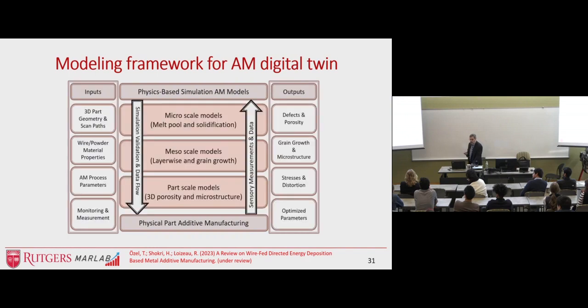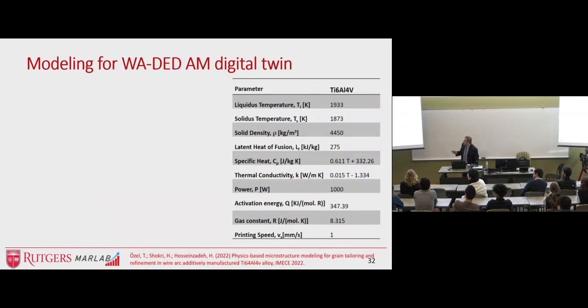Again, this fits into our vision of digital twin because input parameters are these, and then we have the physical-based simulation models I will show you just shortly, and physical parts from additive manufacturing, where we can collect sensory measurement data and then address those.